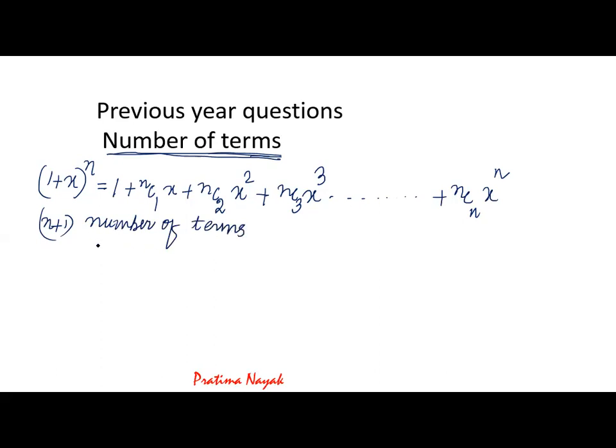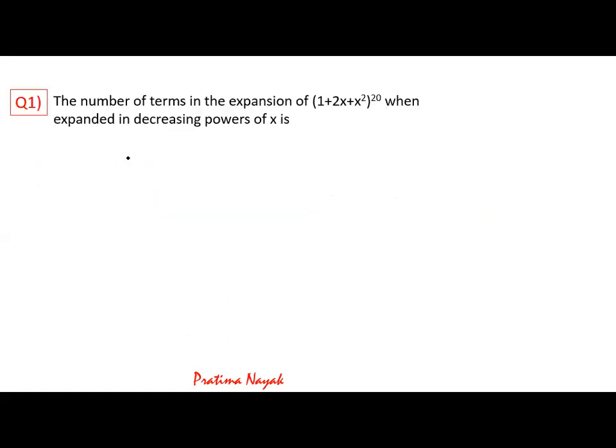Now let us see the questions. First question: the number of terms in the expansion of (1 plus 2x plus x squared) to the power 20, when expanded in decreasing power of x. How many terms will there be? It is a trinomial, but we know the binomial formula, so we'll try to make it a binomial.